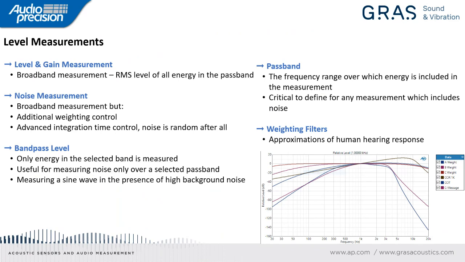So these are studies done with human listeners where sounds at different frequencies and different levels were played for the listeners, and they scored those sounds according to how perceptually loud they sounded. And the A weighting, B weighting, C weighting curves are essentially inverse Fletcher-Munson curves. And in fact, they correspond to different sound pressure levels.